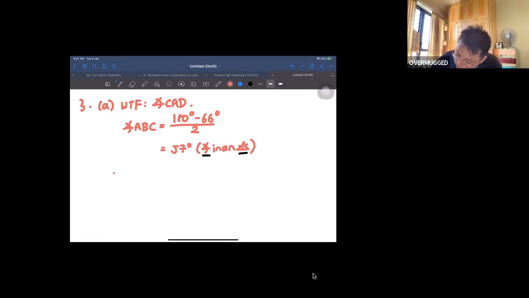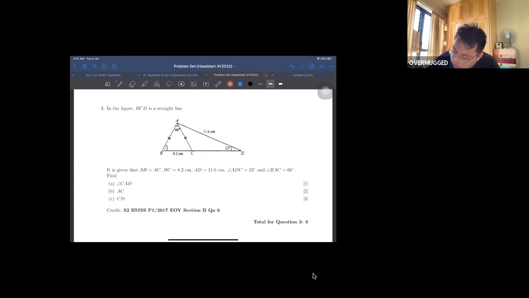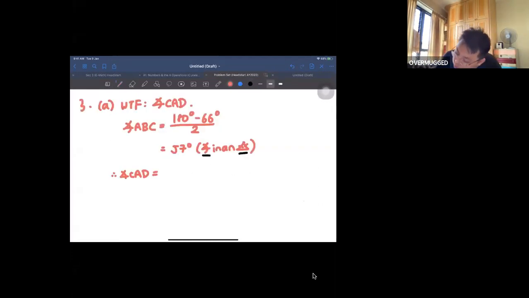So please be careful. Angle CAD, now we can find. We have all the 4 angles in the triangle. So we have this, we have this, we have this. This is the unknown. So let's solve. CAD is equal to 180 degrees minus 33 minus 66 minus 57.